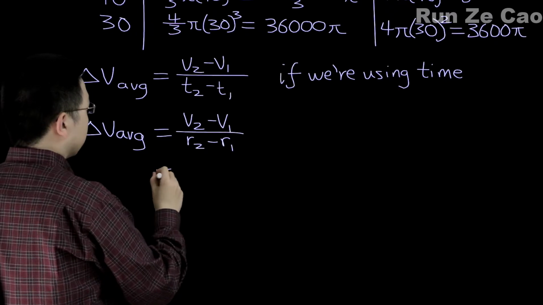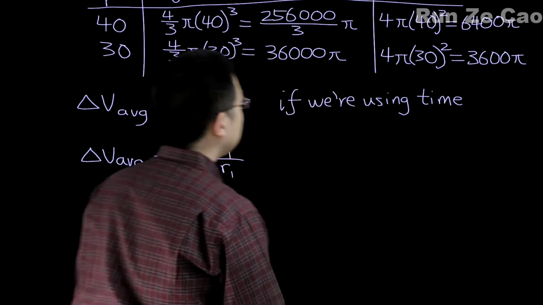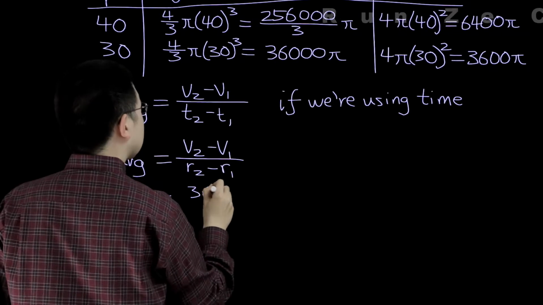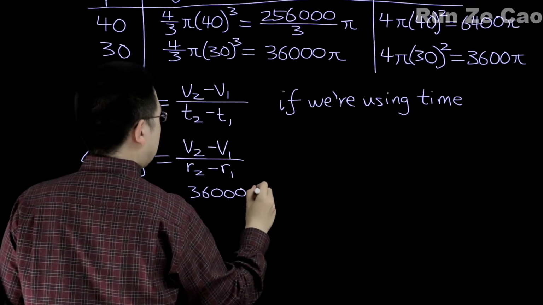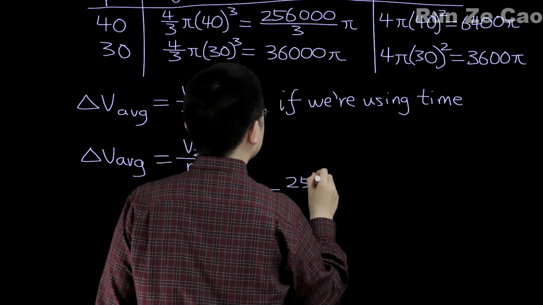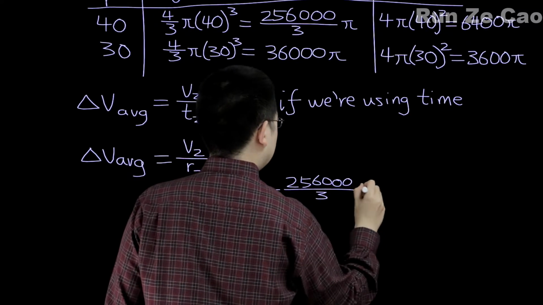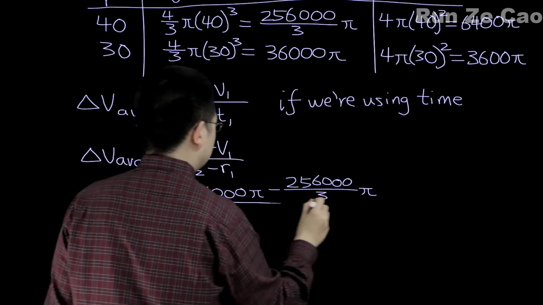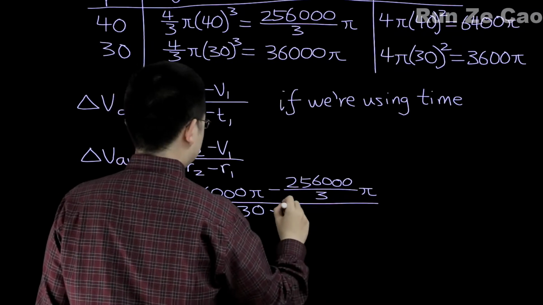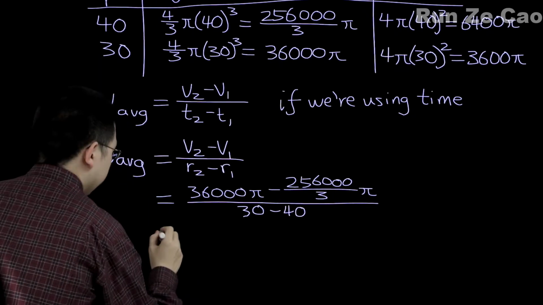So here we're dealing with V2 is this: 36,000 pi minus 256,000 over 3 pi, over R2 is 30 minus R1 is 40.